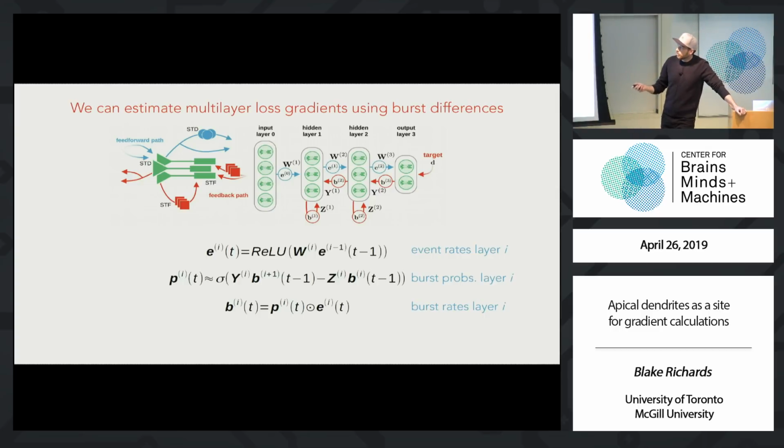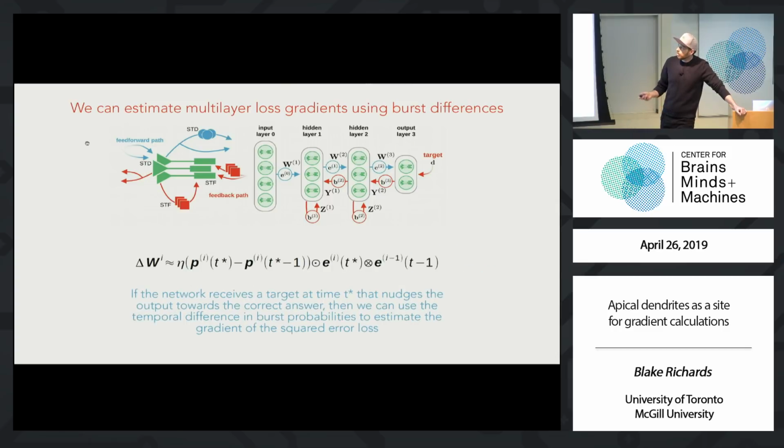So here are the equations that govern this, and then we're going to use the following synaptic weight update, which is a high-level approximation of the synaptic weight update I just showed you. The weight changes in a particular layer are determined by the following: if we get a target at time t star, the extent to which the burst probabilities diverge from the baseline probability that they were at prior to the target being received is our error term.